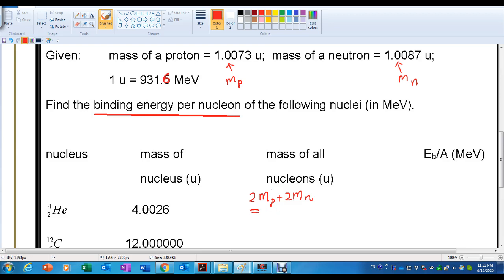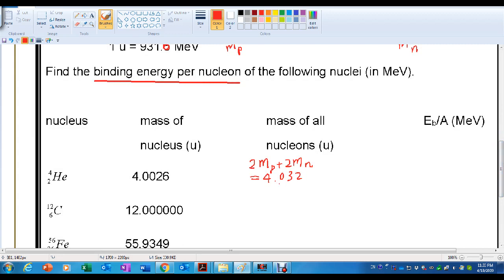So here you get about 4.03 U. You see this number must be greater than the mass of the nucleus, because that's how binding energy comes, right? The mass of all nucleons, that means their constituents' mass, must be greater than the nucleus mass.